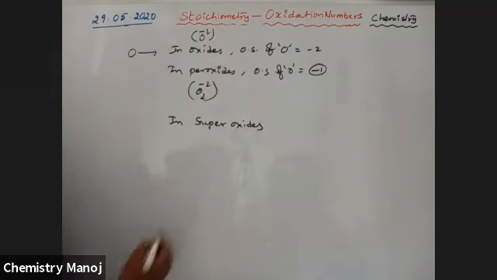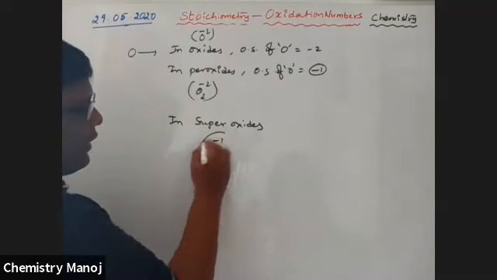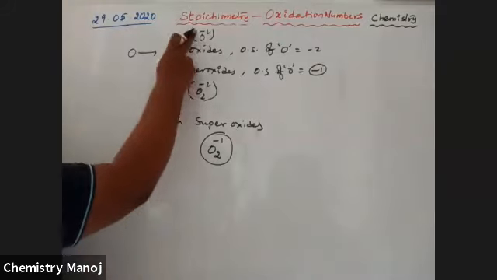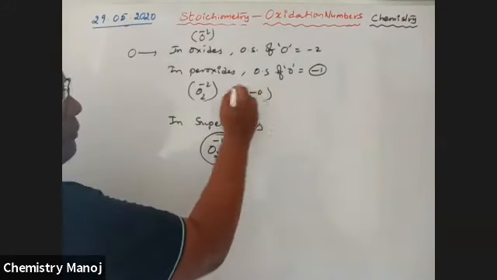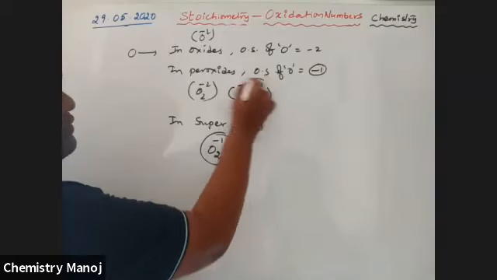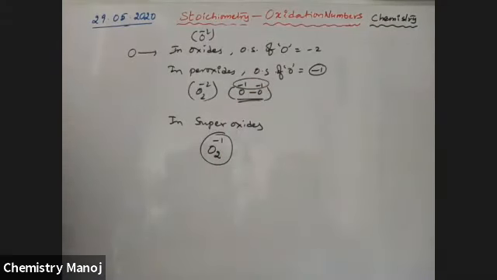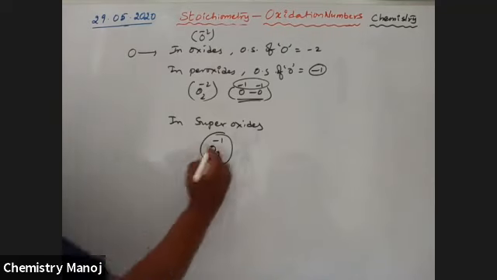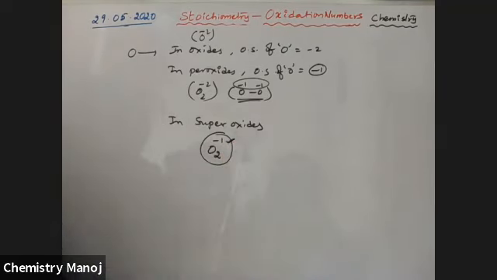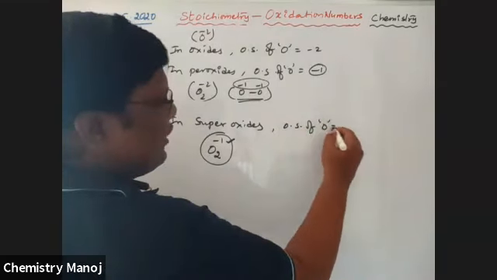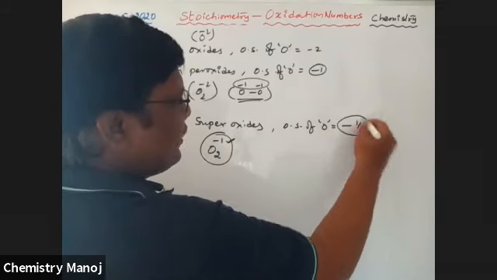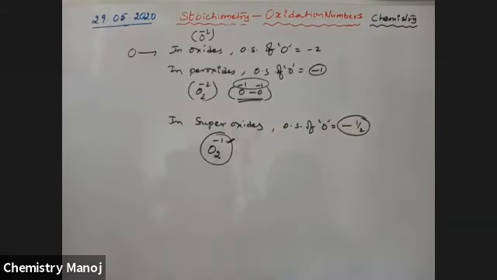O2- minus 2 is oxide, O2 2- is peroxide, that is, -1, -1, two oxygens with -1. O2 minus 1 is the superoxide. And here, the oxidation state of oxygen is equal to -1/2.